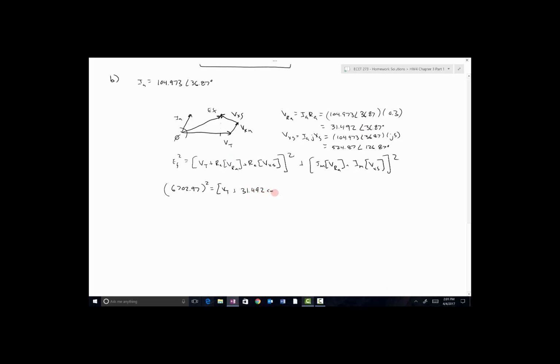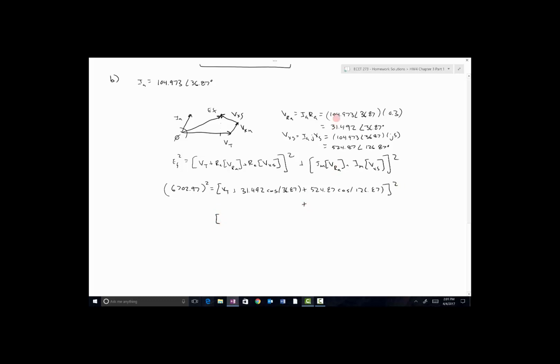So the real part of this guy is just 31.492 cosine of 36.87. And the real part of this guy here is 524.87 cosine of 126.87. Square all that. And then I've run out of room, so I'm going to just drop a line here.